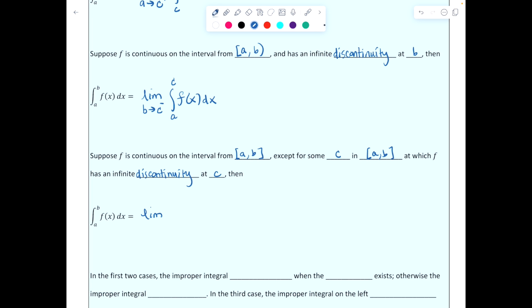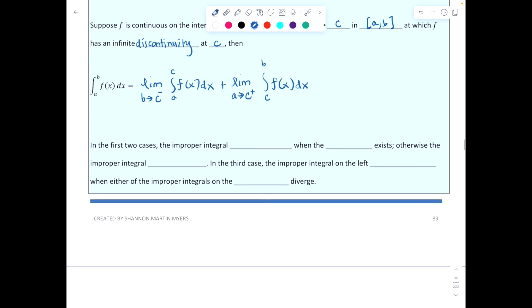We have the limit as B approaches C from the left side of the integral from A to C of f of x dx, plus the limit as A approaches C from the right side of the integral from C to B of f of x dx.